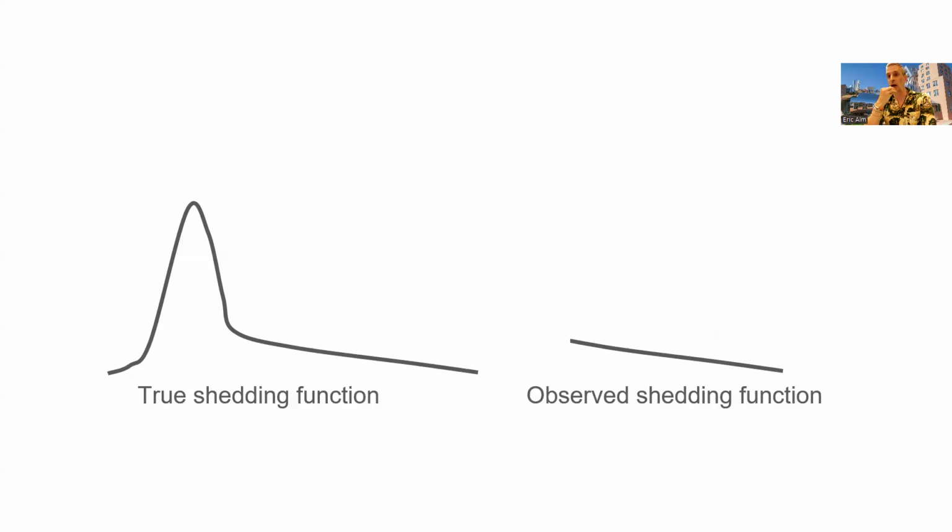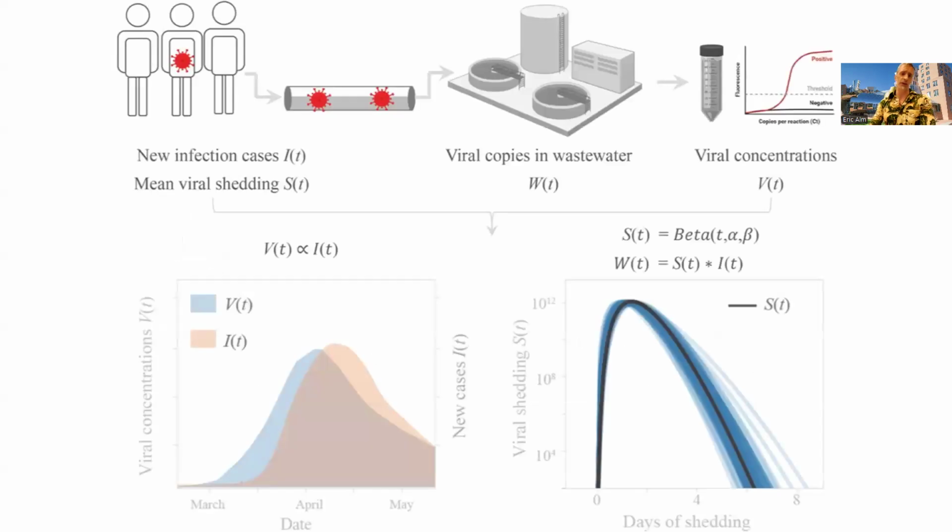But this whole process of figuring out how much virus there is on any particular day is basically going from the number of new infection cases, this function I of t, and combining it with the shedding function, which is how much each person is shedding on any given day. We're combining those through a convolution, right? That math that you were doing to solve that problem is basically a convolution.